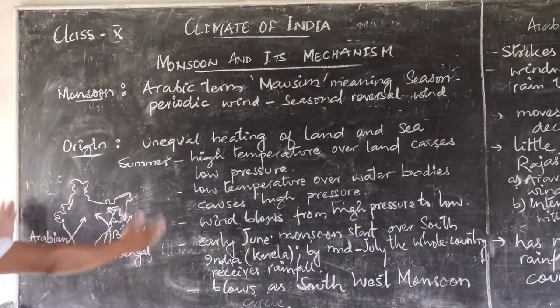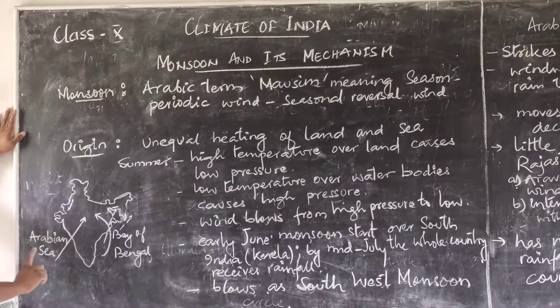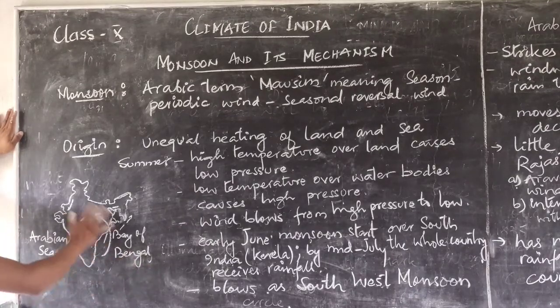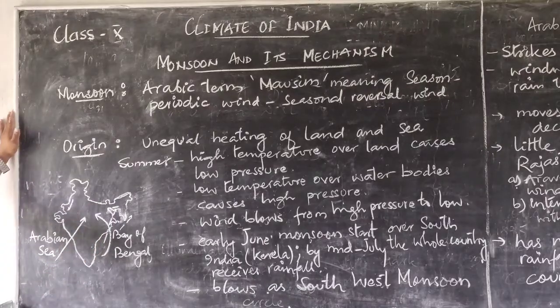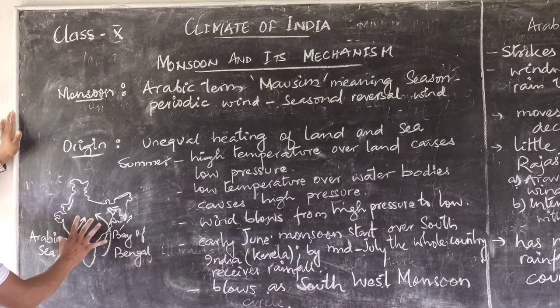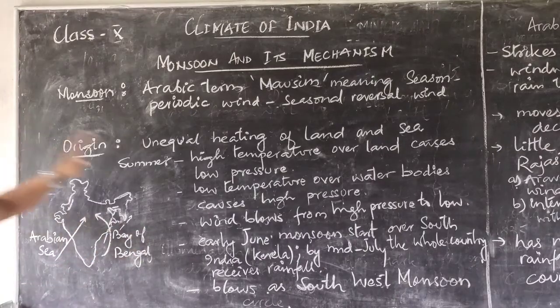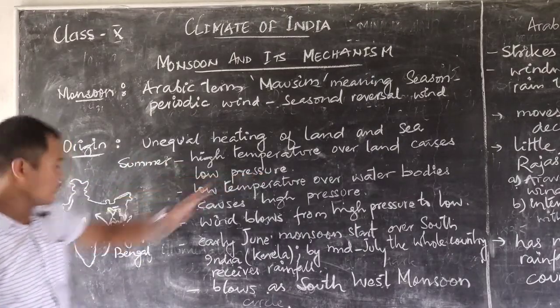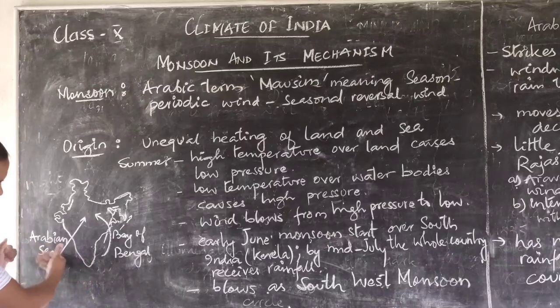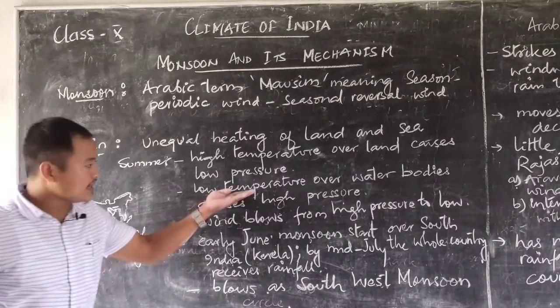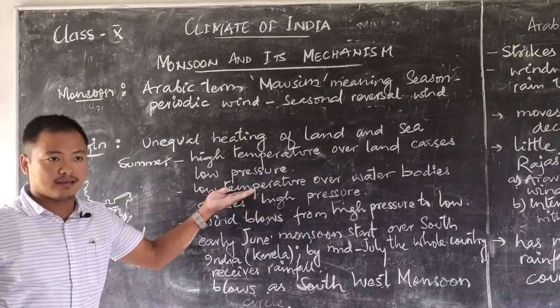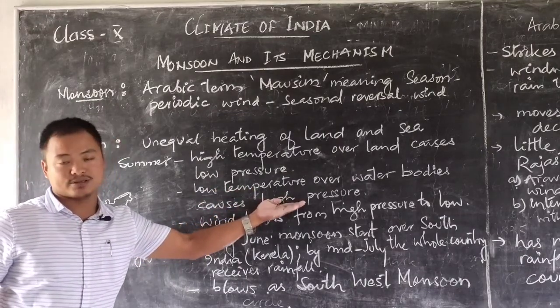So here in this map, we can see India with Arabian Sea and Bay of Bengal. These are the water bodies that we have, and this is the mainland India. During the summer season, the mainland India heats enormously, generating low pressure, while the adjacent water bodies, that is Arabian Sea, Bay of Bengal and also Indian Ocean, seem to be having low temperature characterized by high pressure.